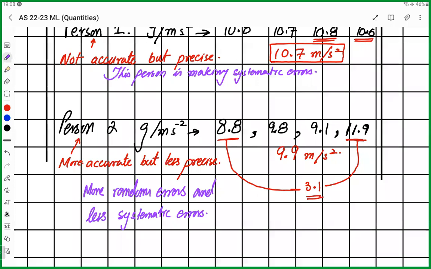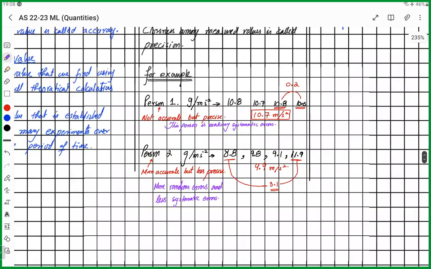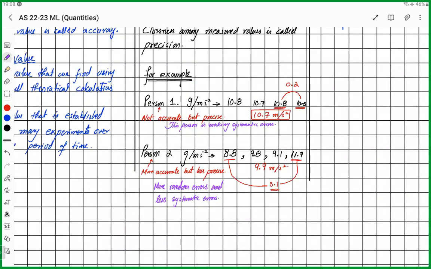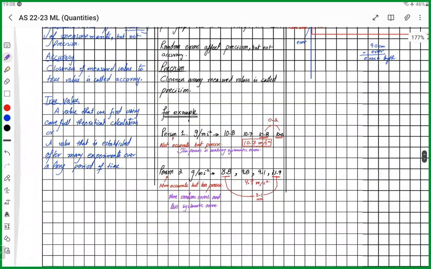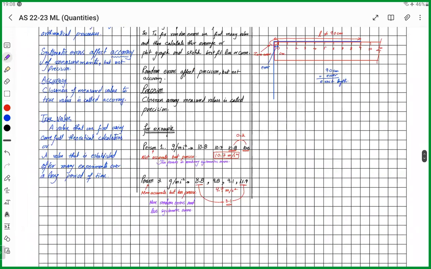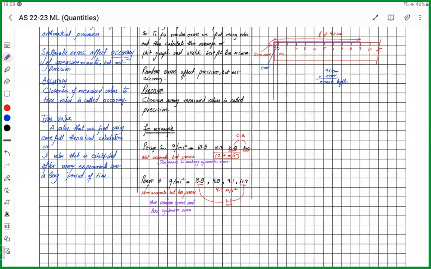It cannot be like some are more, some are less. It means something is wrong with the way this person is measuring things. So this is because of the human errors, which are unpredictable. They can be more or less, positive or negative. That's why this person is making random errors, person 2. So this is how systematic errors and random errors are different from one another.